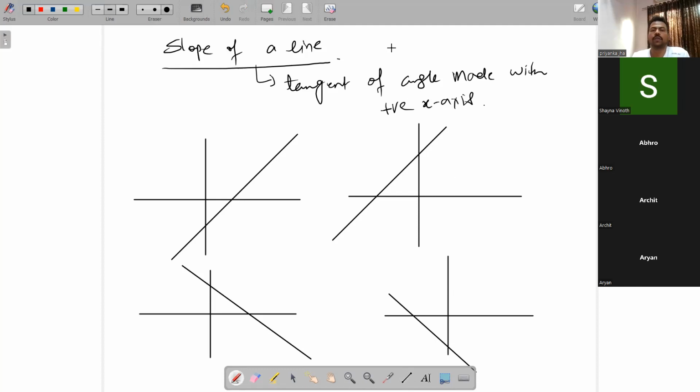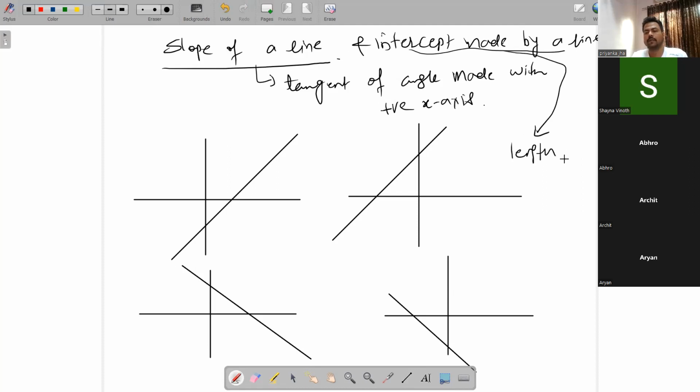See, there are two things I'll talk about in this: slope of a line and intercept. Intercept made by a line basically means the length intercepted on the y-axis.